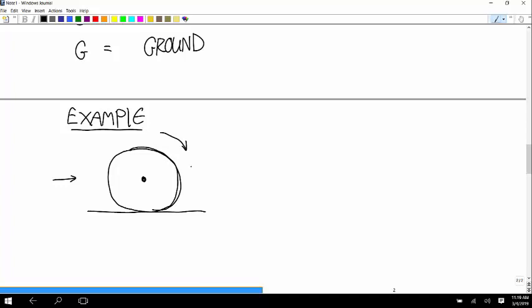So let's say that it's moving this way with an angular velocity of 5 radians per second. And let's say that it's slowing down with an angular acceleration of 2 radians per second squared. And let's say the radius is 0.5 meters.